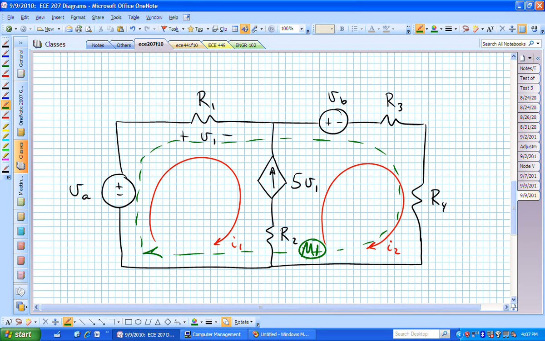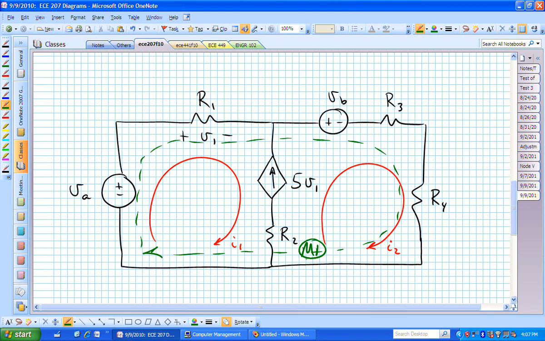My second equation, because I need two independent equations, is going to be related to what's happening in that branch that I basically neglected in writing my mesh equation. In this case, what can I say about 5V sub 1? That's a current going up. What does that equal in terms of I sub 1 and I sub 2?